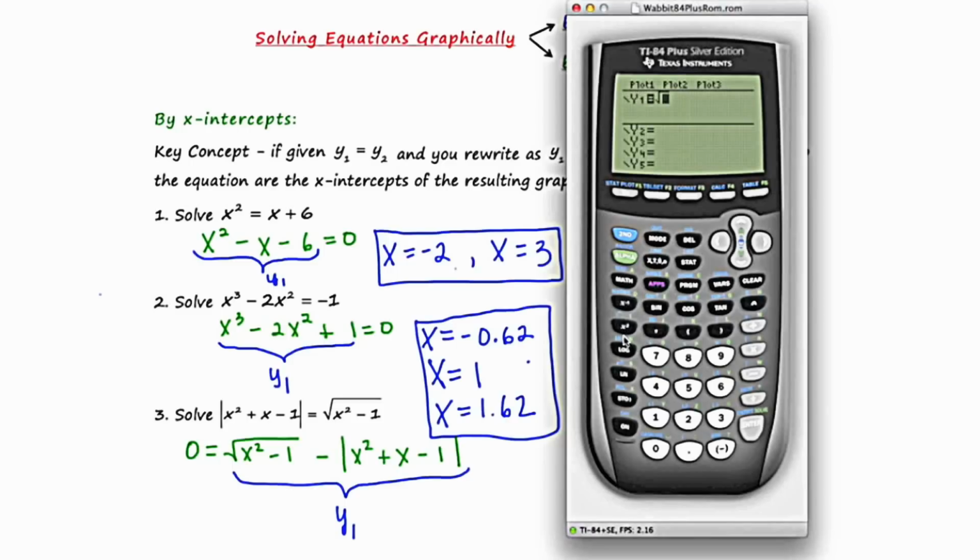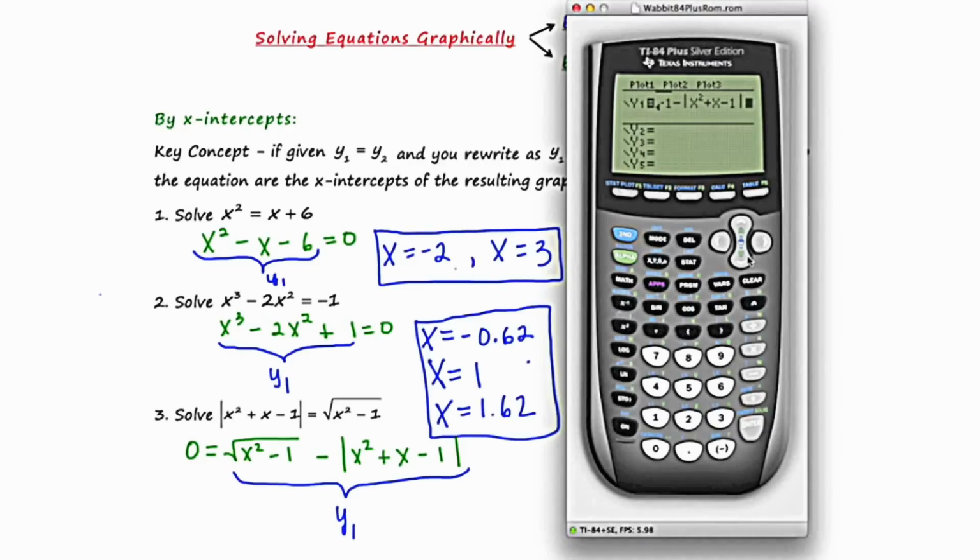Second, x squared, which is your radical, x squared minus 1. Come out of the radical, minus, absolute value is math, scroll over 1 to the right where it says num, and then absolute value. And you'll see in my calculator with my particular version of the operating system, you see the absolute value bars. So I'm going to type in x squared plus x minus 1. So I've got that entered in.